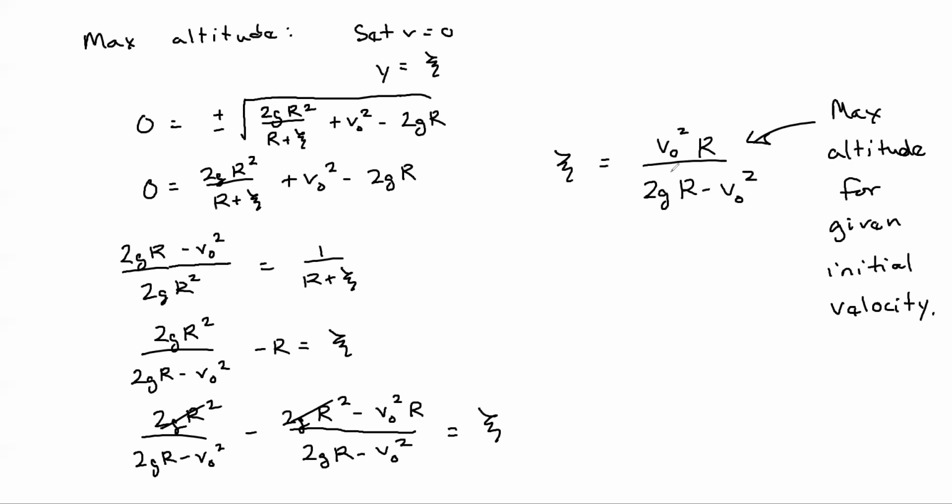That way we can plug in altitudes and out will come velocities. So let's do that. All right, so we're going to take this, multiply it over, and let's see what we get.